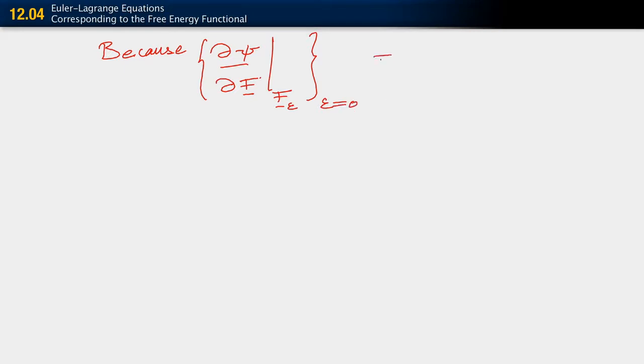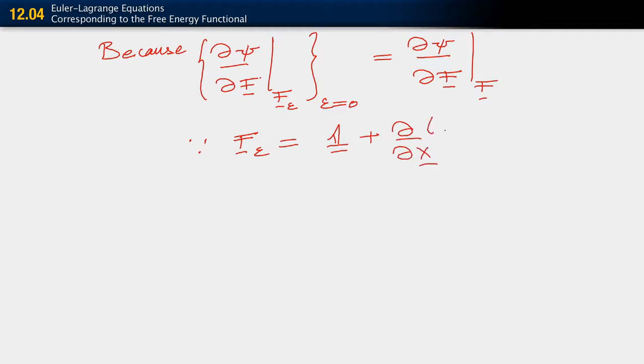And the reason that this works is because the partial of psi with respect to f evaluated at f epsilon, and then epsilon equals 0, is simply the partial of psi with respect to f evaluated at f, since f epsilon equals 1 plus the derivative with respect to x of u plus epsilon w.